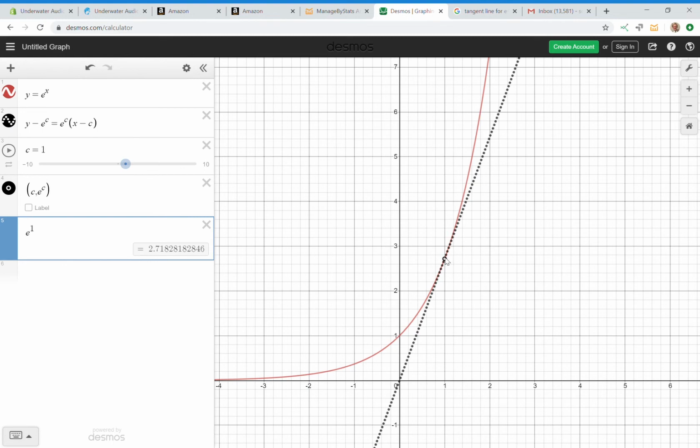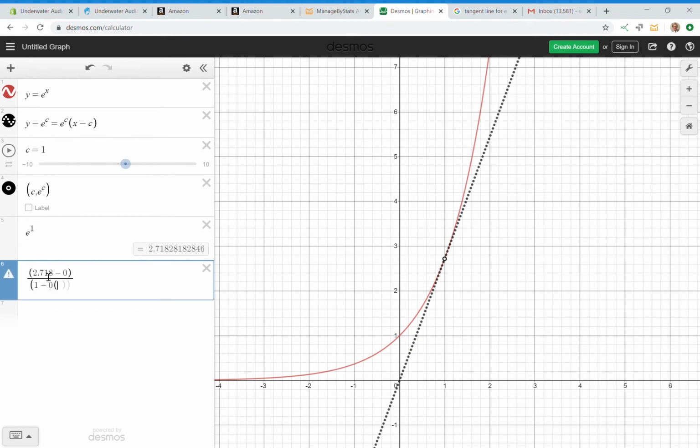So we'll pick this point and this point, and now I want to figure out what the slope is. To do the slope, I would do 2.718 minus 0, and then divide it by 1 minus 0. So let's do that. 2.718 minus 0, divided by 1 minus 0.